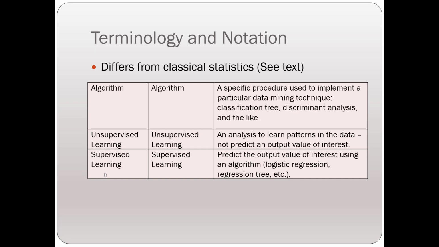We want to figure out how much a person will spend in a sale. Okay. So if there is a target in the data and you're trying to predict that target, that is called supervised learning. So predict the output value of the target of interest using an algorithm.